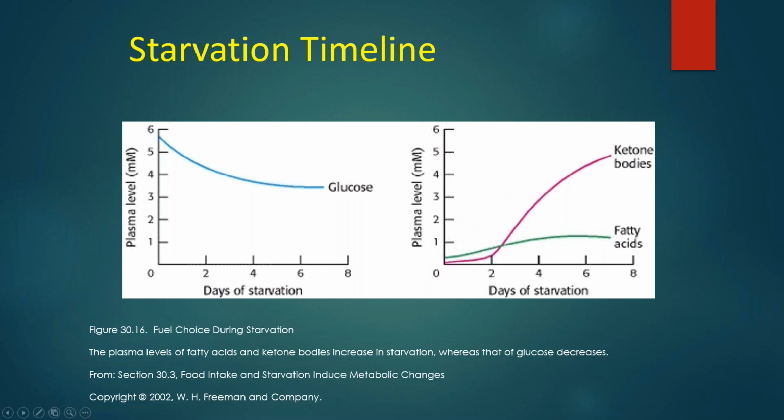Our brain needs to function all the time during starvation. So even though glucose is going down, fats provide a very important source of energy, that is ketone bodies. That's how, when you starve, the ketone bodies go up, and these are derived from fat oxidation. That is also one of the reasons why the brain prefers to use fat under starvation. That's how it provides energy to your neurons when you are starving.